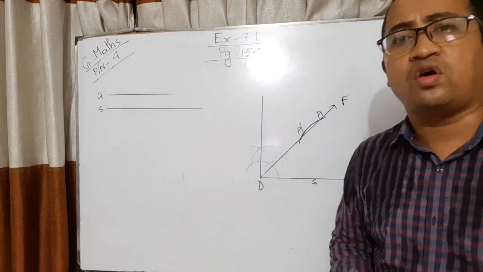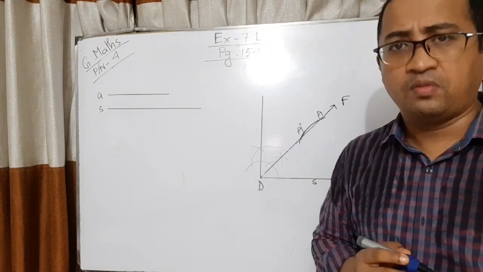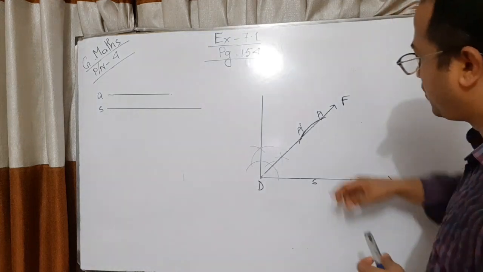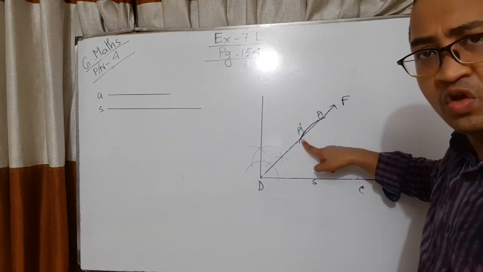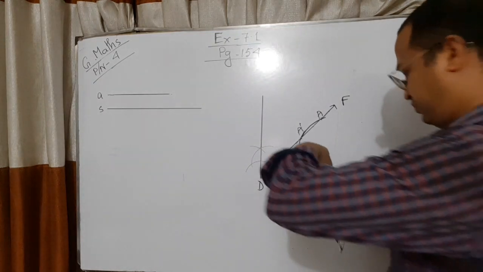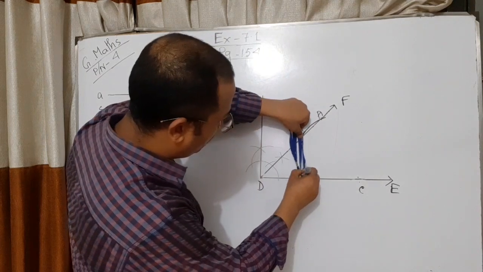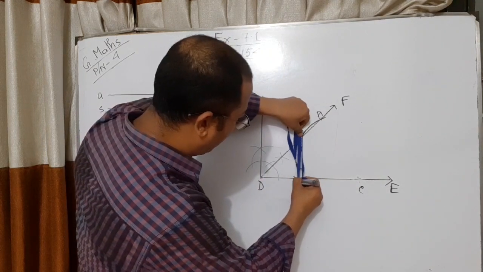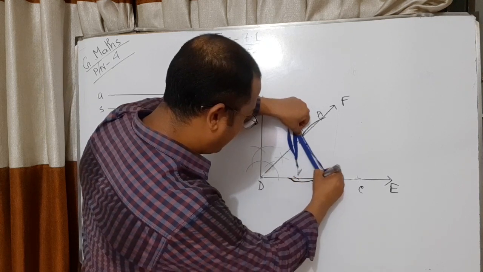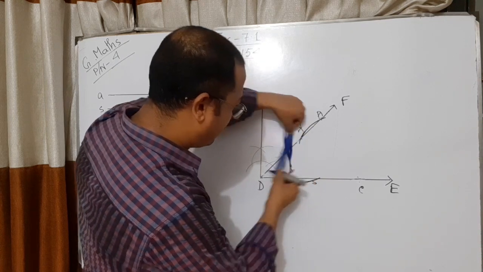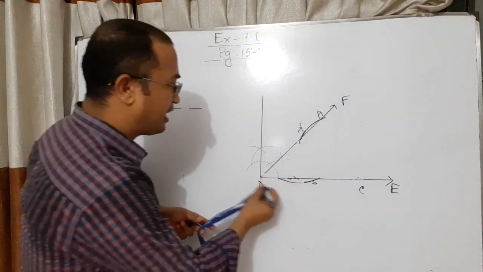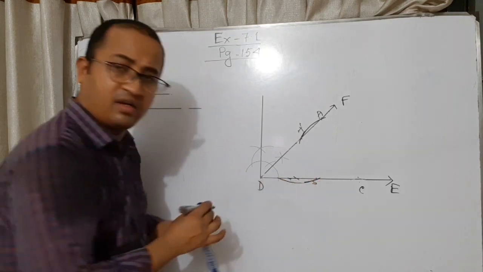So how can you draw a perpendicular line from an external point? I will show you just now. Look, centering A prime, with a suitable radius, we draw an arc like this. We cut the line CD at these two points.